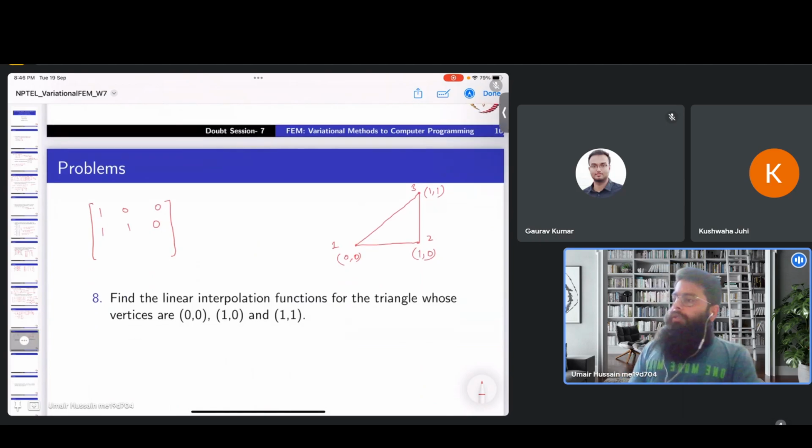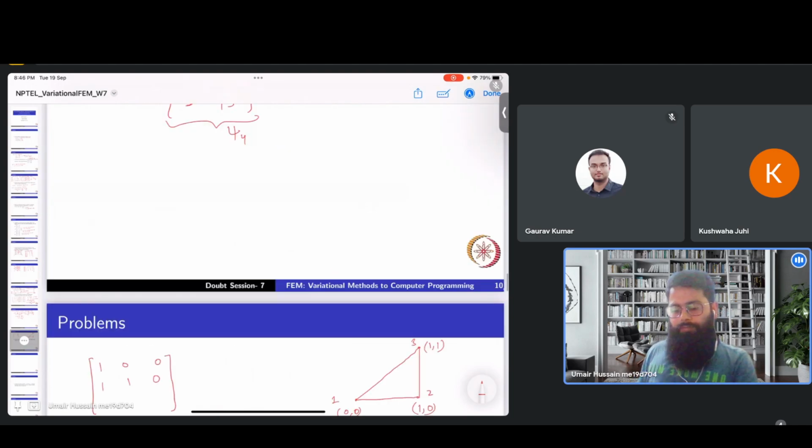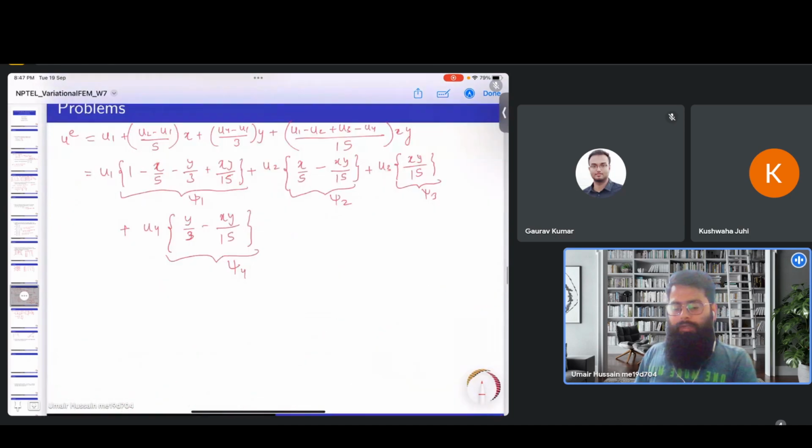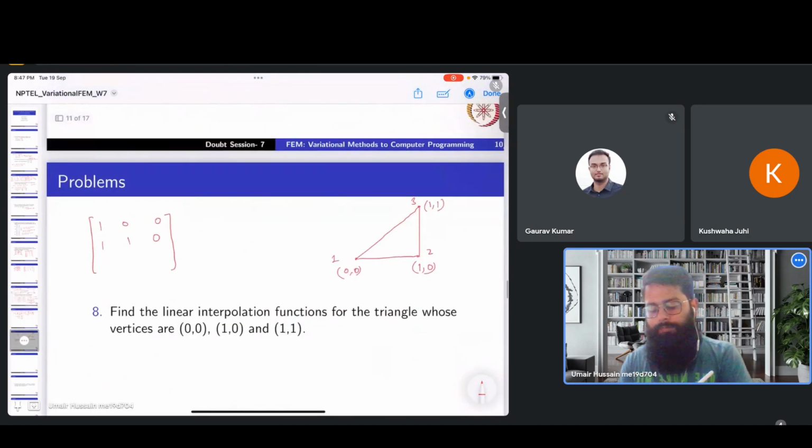Okay, so now we want to find the interpolation function for this triangular element. This is different from our standard triangle now. What we used to do is form a function, substitute the value of each node, form the equations, and then form our matrix. Instead of that, we'll just do it directly by the same formula. So the rows of this matrix should be 1 x1 y1, 1 x2 y2, 1 x3 y3.